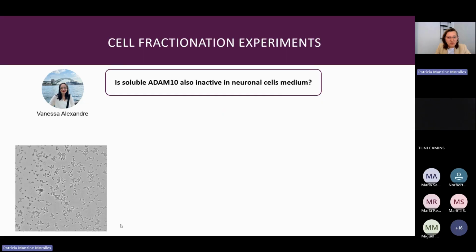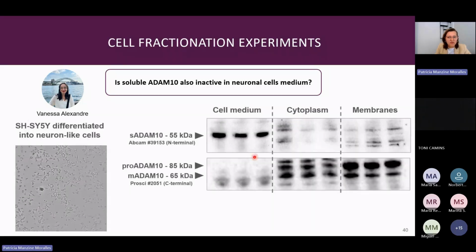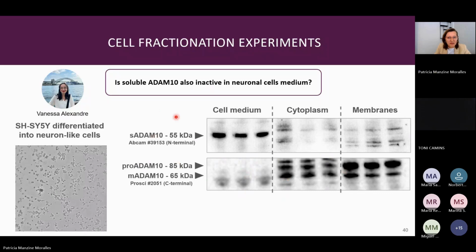With the intention of separating the isoforms to test their activity, we have preliminary results showing that soluble ADAM10 is more present in the cell medium when using a specific antibody for the N-terminal, and the pro and the mature forms are more present in the cytoplasmic and membrane fractions, using the specific antibody for the C-terminal of the protein.